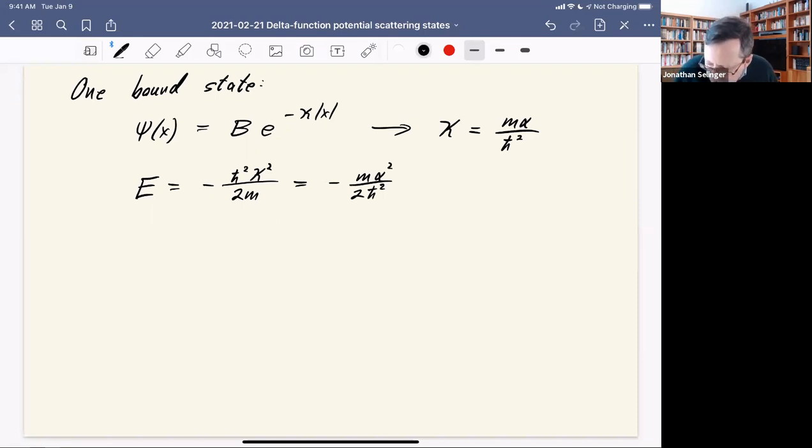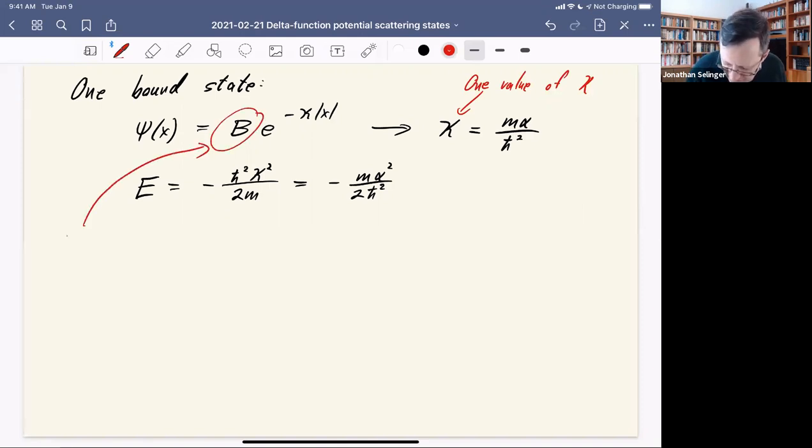This is a particular state with one value of kappa that is consistent with the way we had to join the two solutions at x equals 0. And b, I didn't say it on Thursday but I should say it now, is determined by the normalization in the same way as everything else we've done this semester.